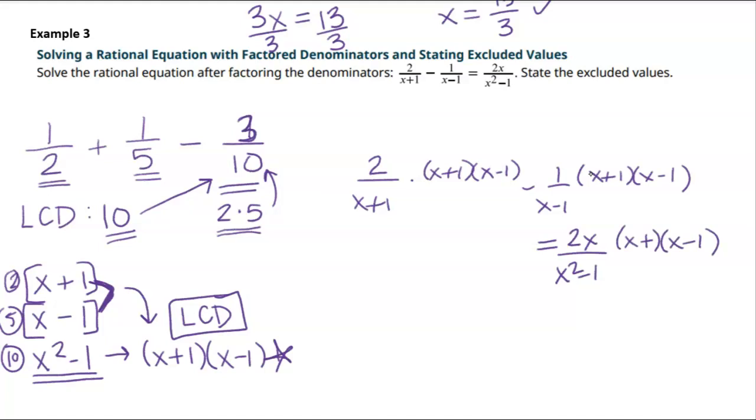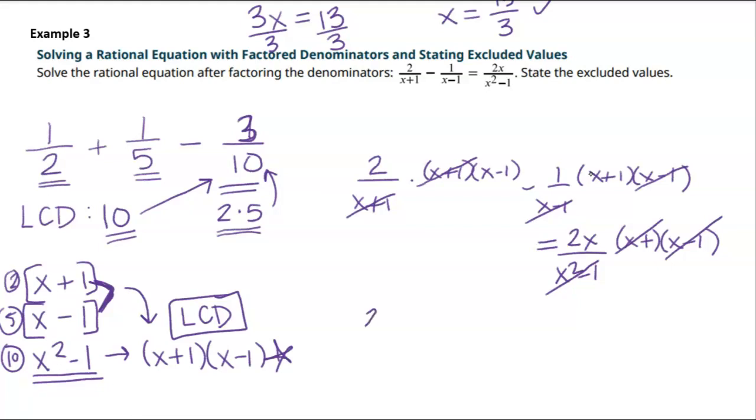All right, common factors in the top and the bottom will cancel. So x plus 1 goes away here, x minus 1 goes away here. And x squared minus 1 would then cancel with both terms on the right-hand side.